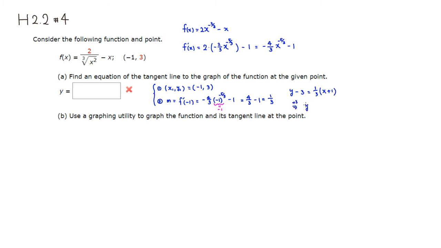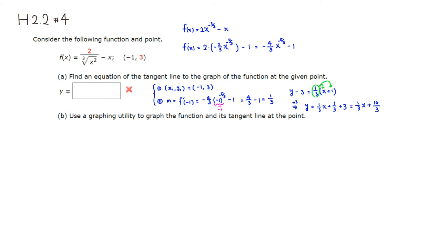Then y is equal to 1/3 times x plus 1/3 times 1. So you have 1/3 x plus 1/3, but you're adding 3 to it, so 1/3 plus 9/3 is 10 over 3.